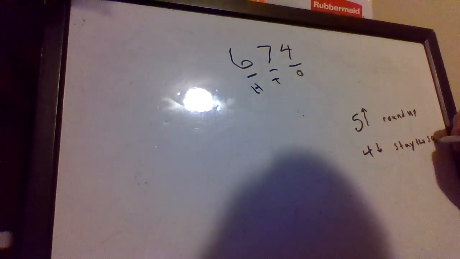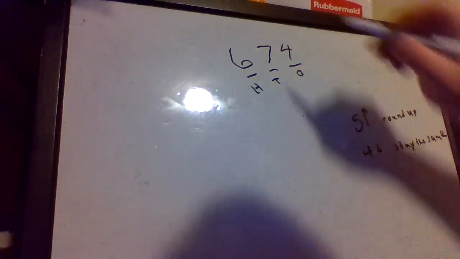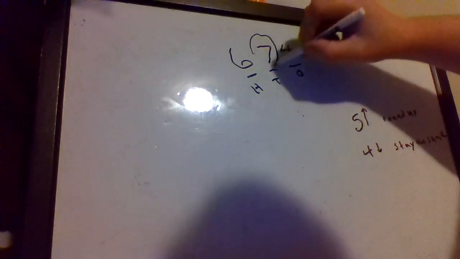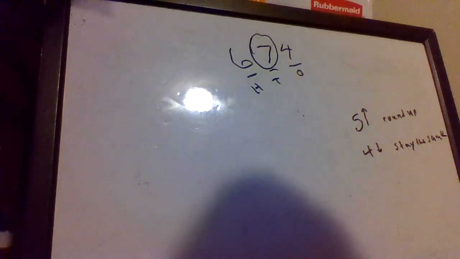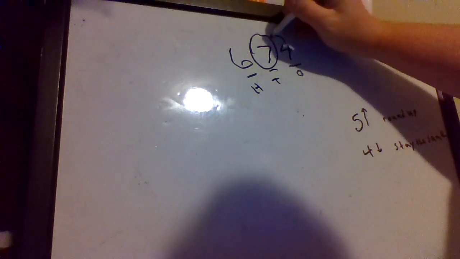Now, what in the world are we going to use that's 5 or above? Well, if we're rounding to the nearest 10 and the 7's in the tens place, we need a number to make it round. And that number is going to be the 4.